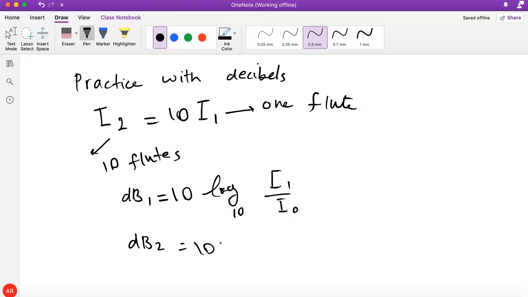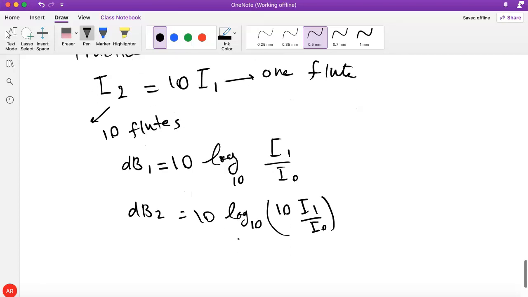And the second one will be 10 log base 10 of 10 I1 over I naught, right? It's I2, which is 10 times that.